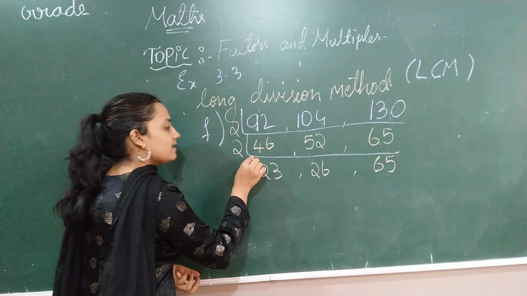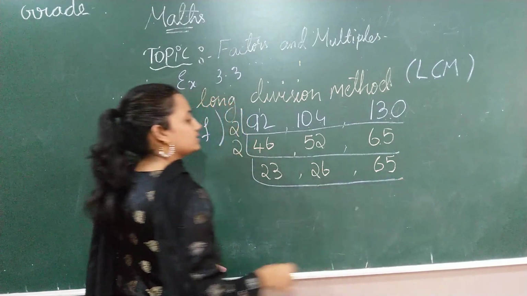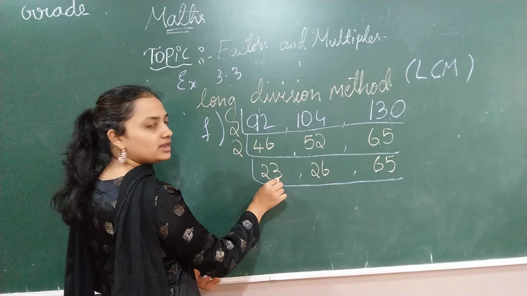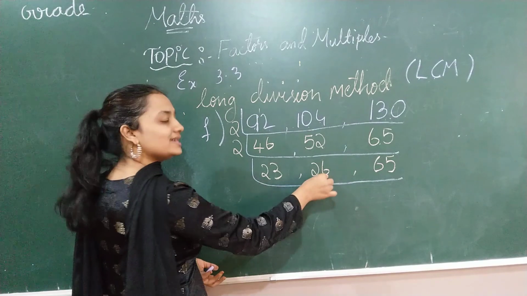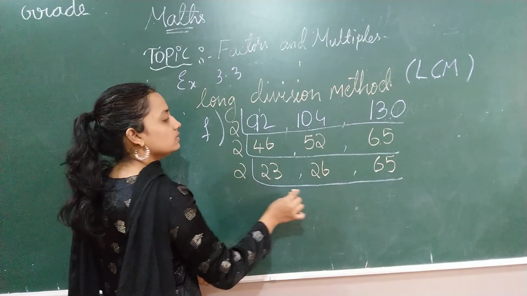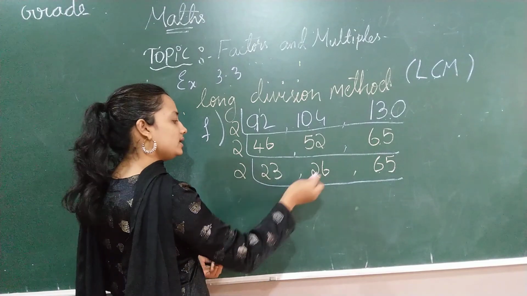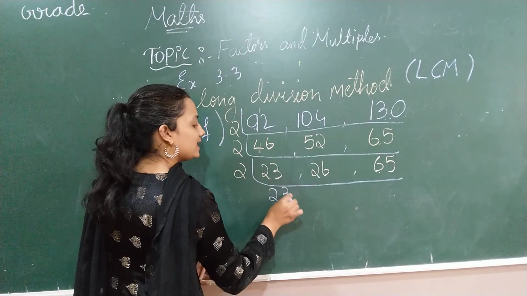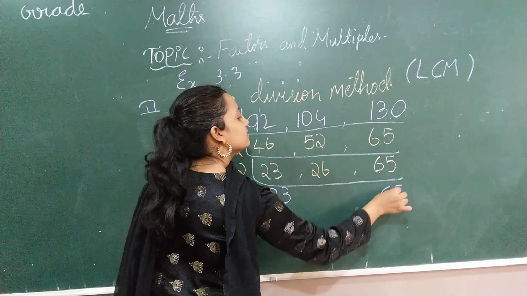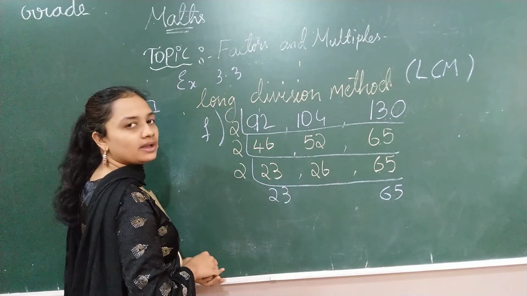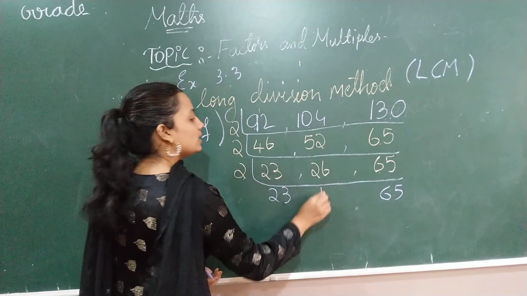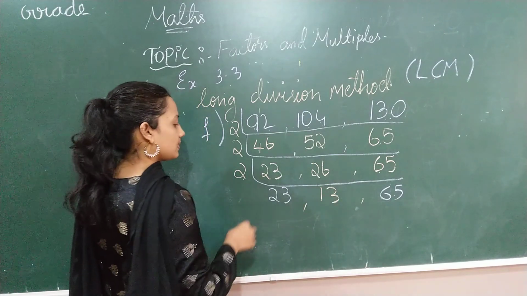Next, I have to divide my next one. Again, 23 cannot be divided with 2, 26 can be divided with 2, 65 also cannot be divided with 2. So which is not divisible, I write the number as it is. Which is getting divided, I divided: 2 1s are 2, 2 3s are 6.